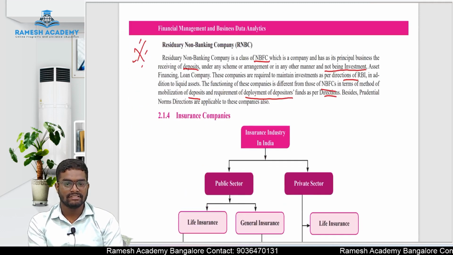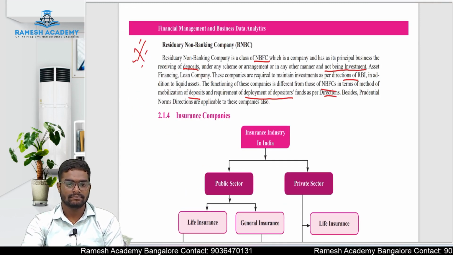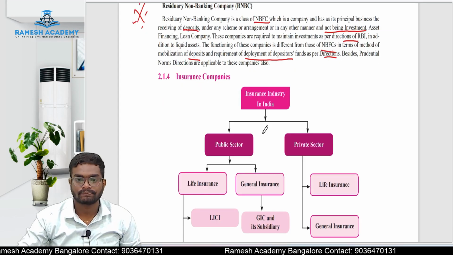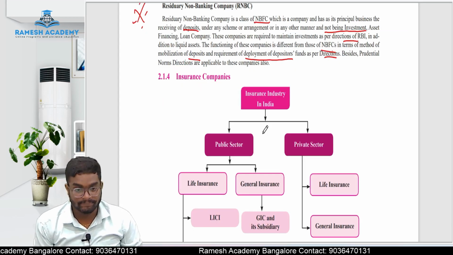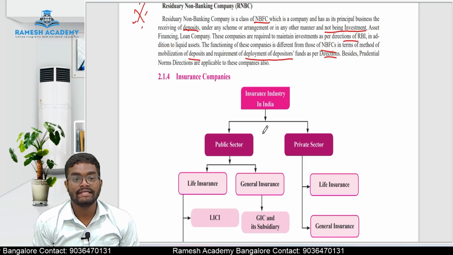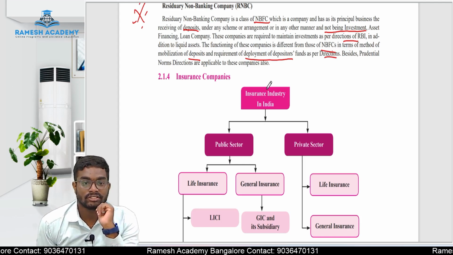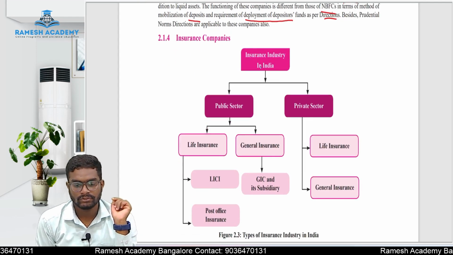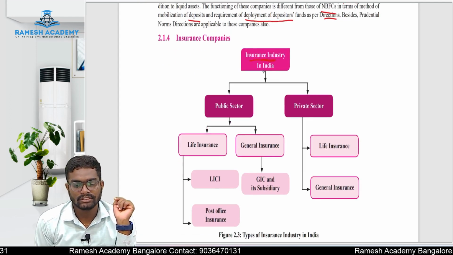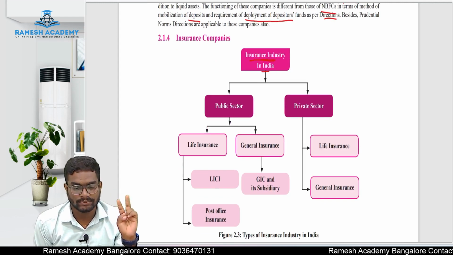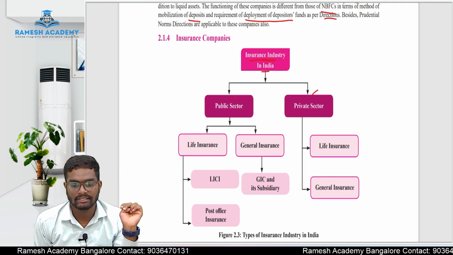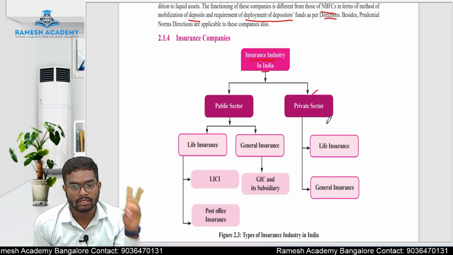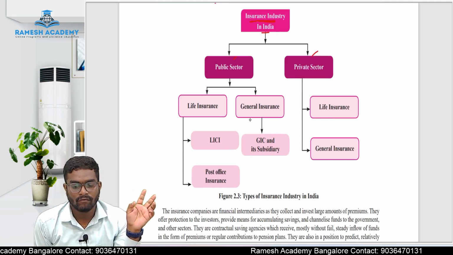Next we will see the insurance companies. In India, the most famous insurance company is LIC, Life Insurance Corporation. The insurance industry in India is divided into two types: one is the public sector, one is the private sector. Everywhere you will get only two types of insurance: life insurance and general insurance.